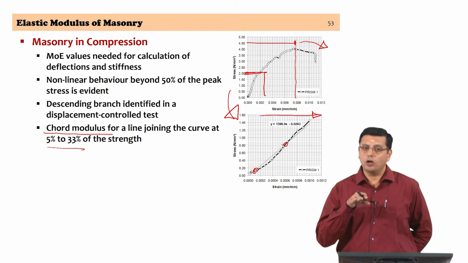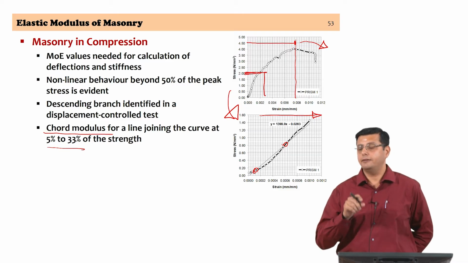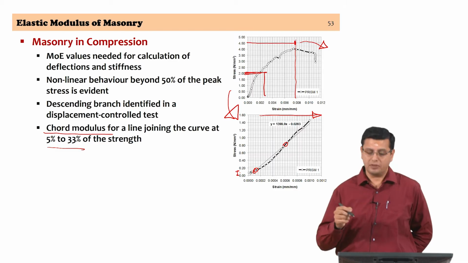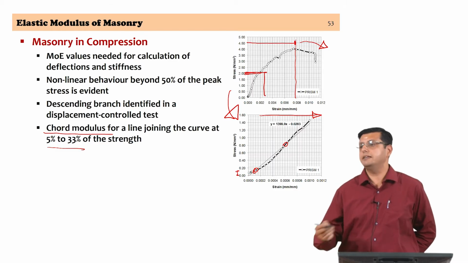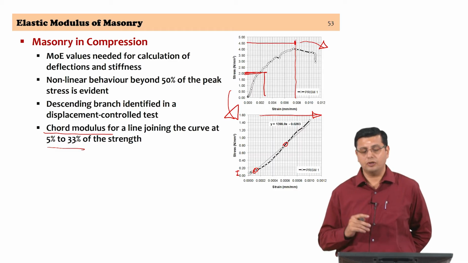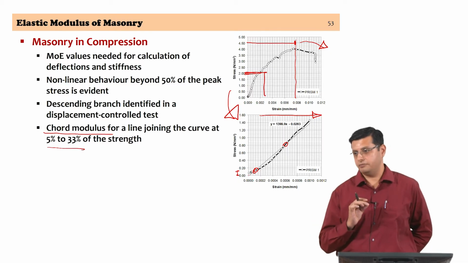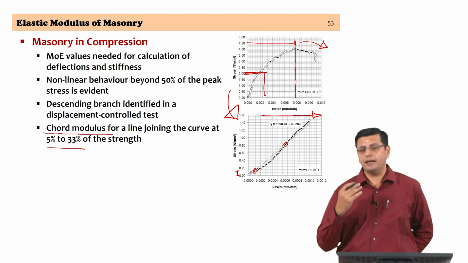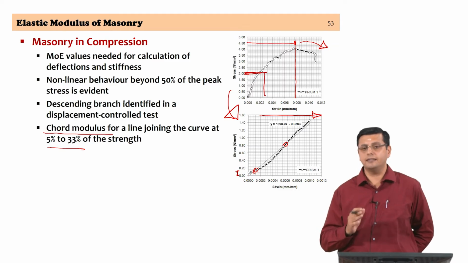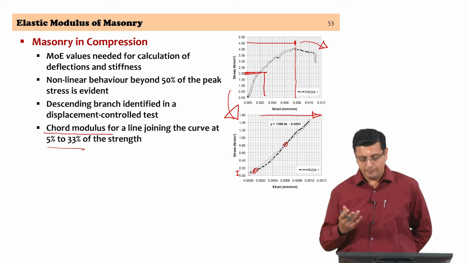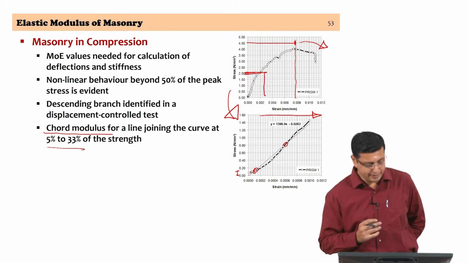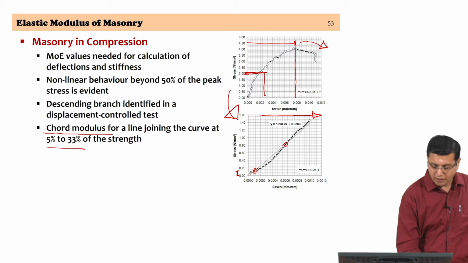You get some compactness in the entire stack, but this can create a bias in the estimate of the modulus of elasticity, because this is not material behavior, this is actually closing of voids. So, it is prescribed that the initial 5% be neglected, and hence you take a chord modulus that goes from 5% to 33% of the peak strength and get the modulus of elasticity.